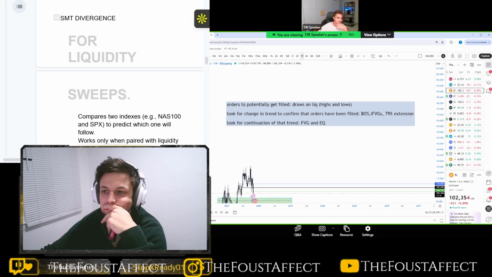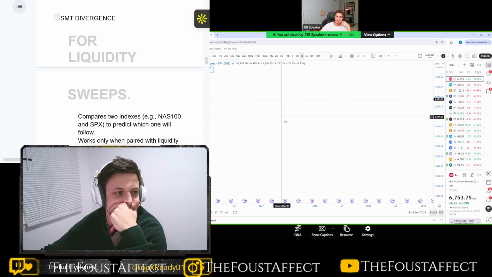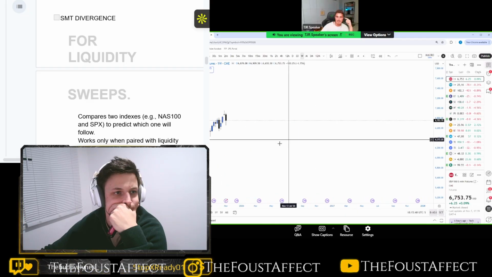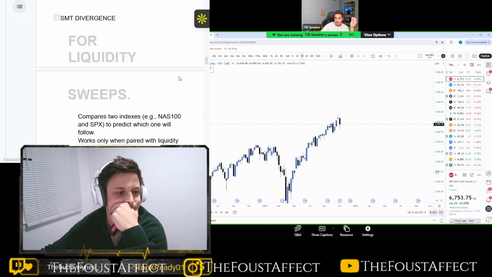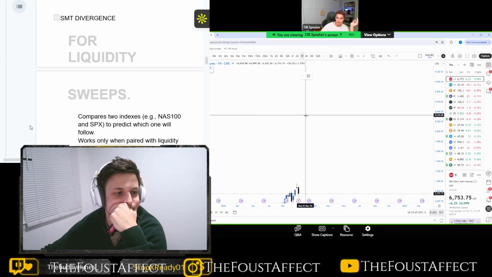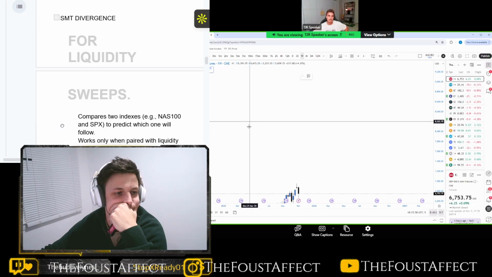So 79% extension. Super easy to identify. It's a confirmation confluence, same exact thing as a break of structure and inverse fair value gap. I'm not going to go too deep into it. It's literally as simple as identifying what trend we're in, just like we do with all of our other confirmation confluences.